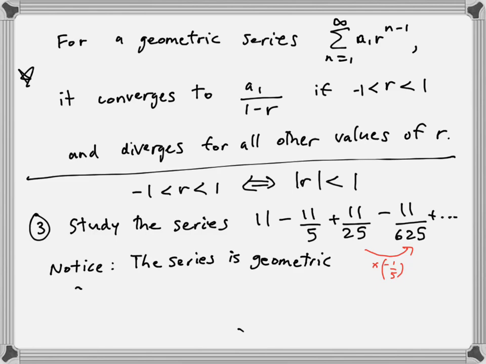And let's go ahead and write down that a1 is 11. That's the first term. And r is equal to -1/5. What about the absolute value of r? It's 1/5, which is smaller than 1. And remember, this is the condition that we're checking.